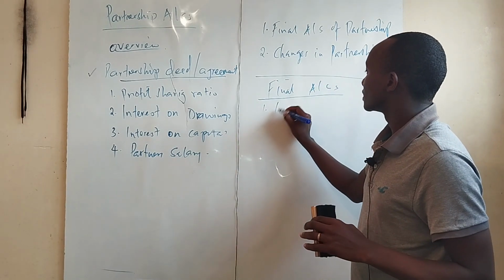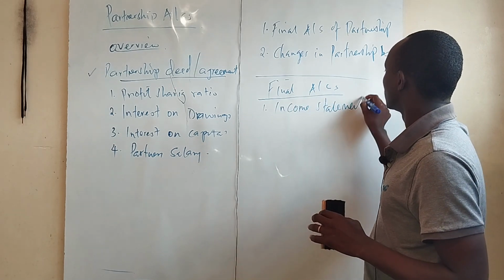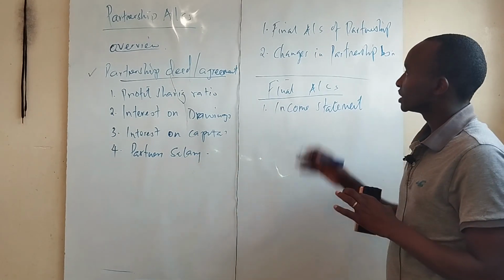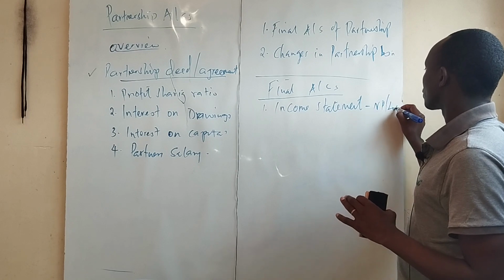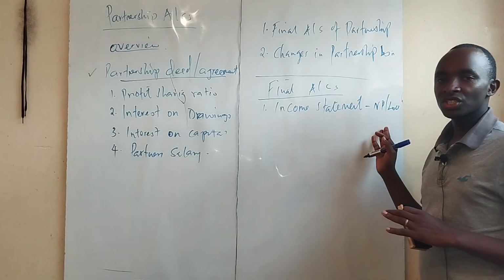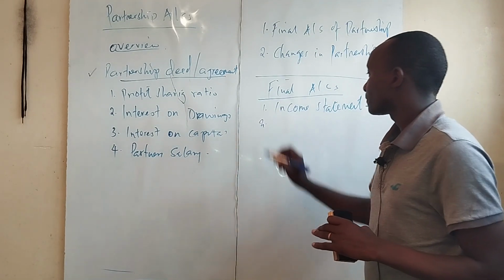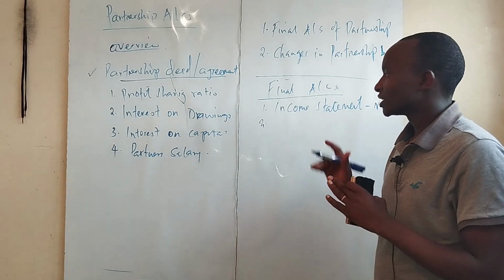So number one is the income statement. The main essence of opening the income statement in the partnership business is to arrive at either the net profit or loss. And then number two, this one now is not in the sole proprietorship. This one is different.